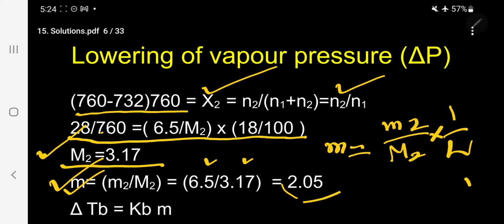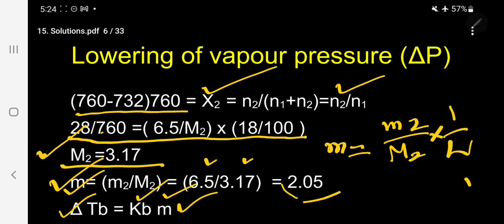Then coming to elevation of boiling point, according to Raoult's law, delta Tb, the elevation of boiling point, is directly proportional to molality, or I can write it as equal to Kb into m, where Kb is the elevation of boiling point constant. The m we have already calculated from the relative lowering of vapor pressure.